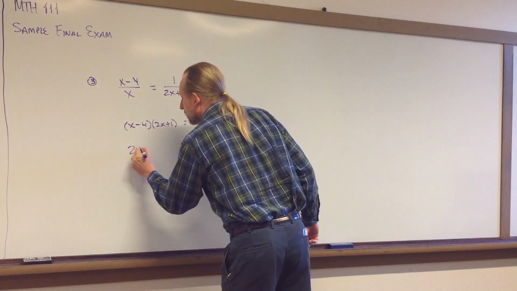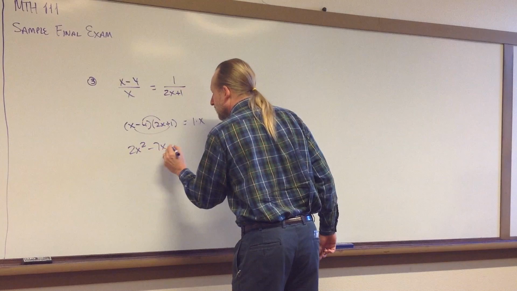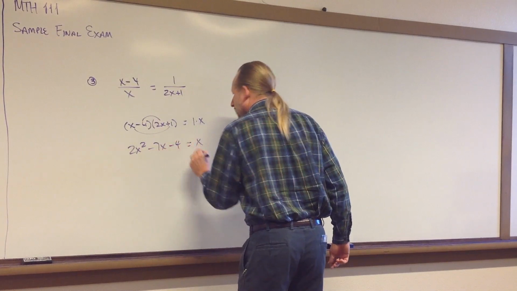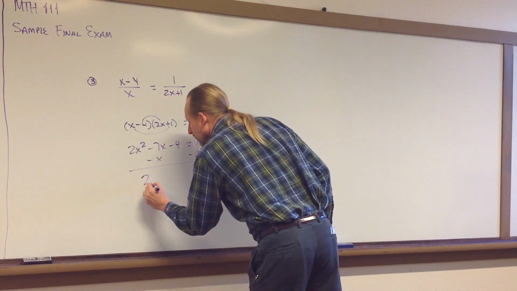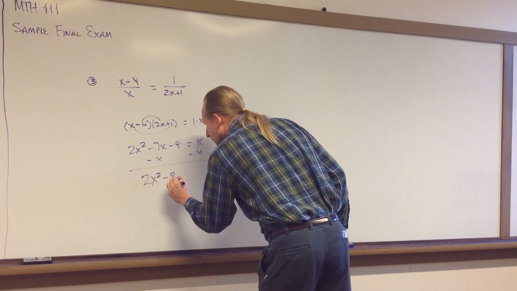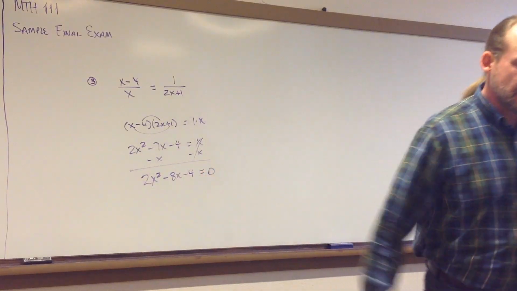This will be 2x squared, let's see, minus 8 and plus 1, so minus 7x minus 4. And then move this x over here. 2x squared minus 8x minus 4 equals 0.